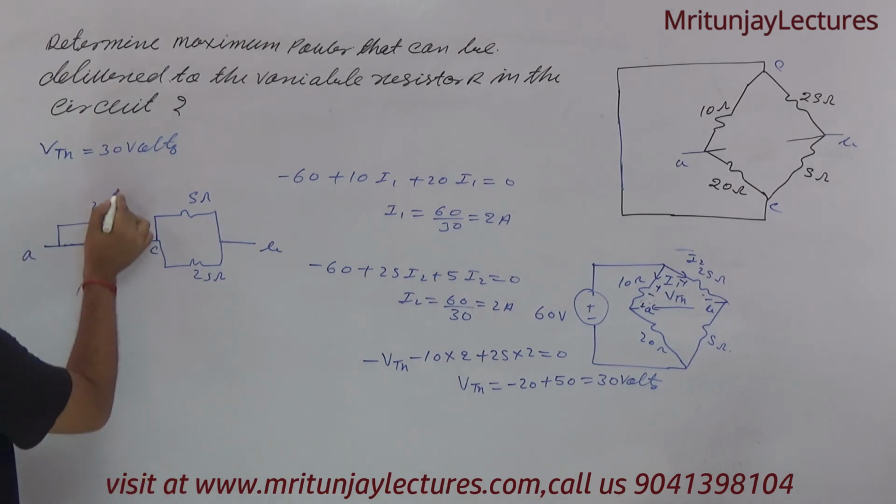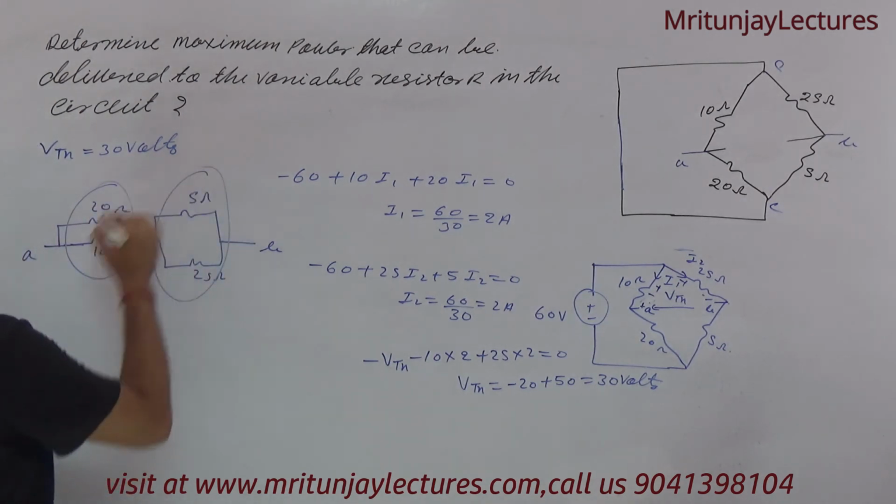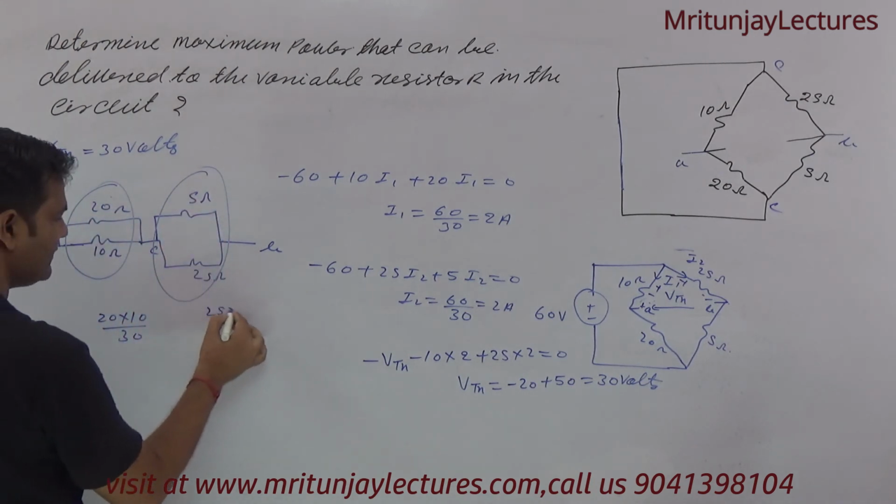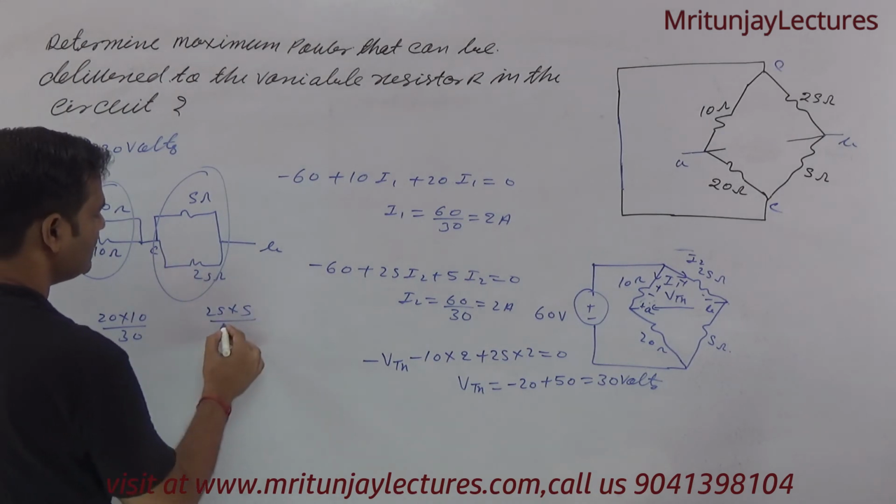This one and this one are parallel, so 20 parallel to 10 is 200 divided by 30, and this is 25 into 5 divided by 30.